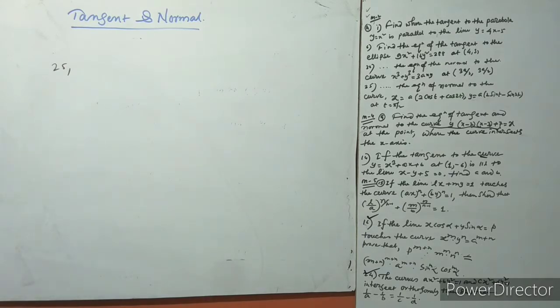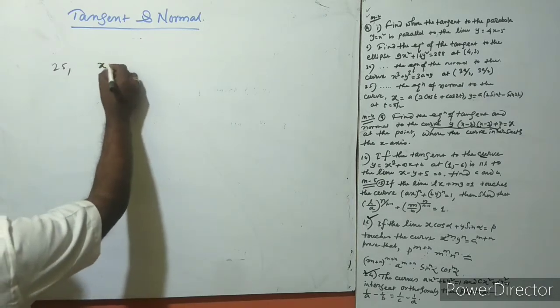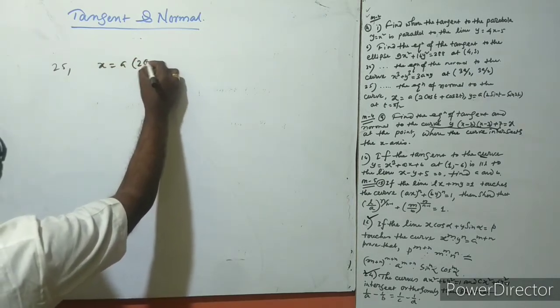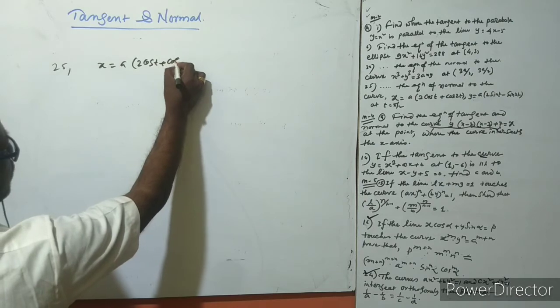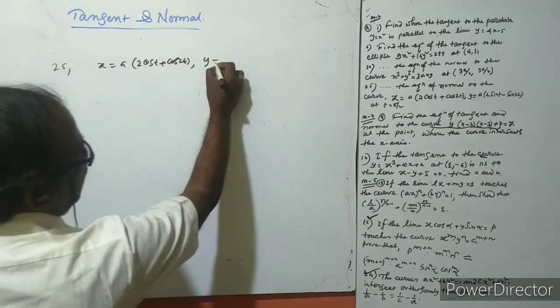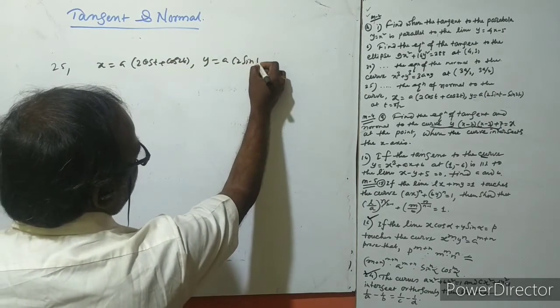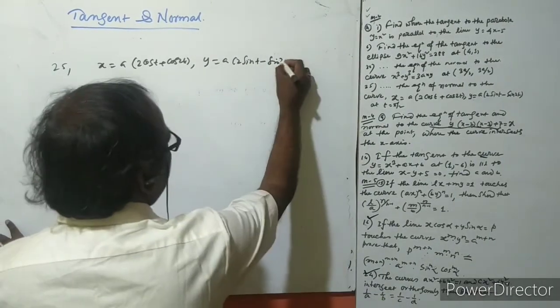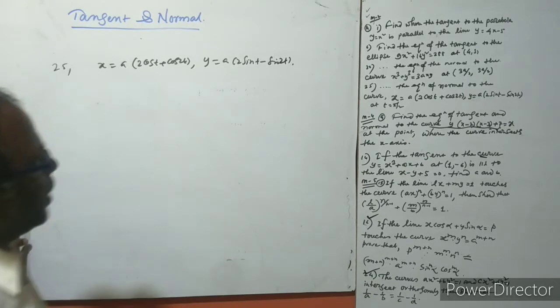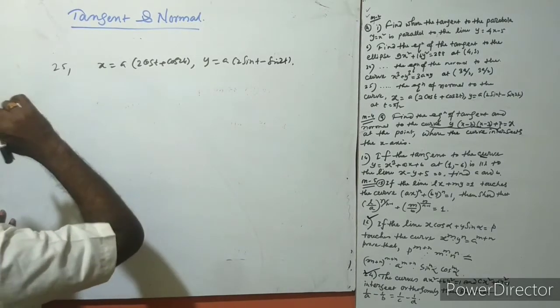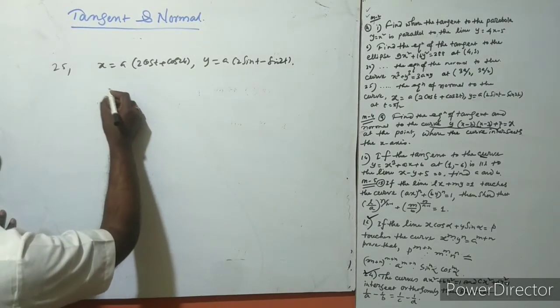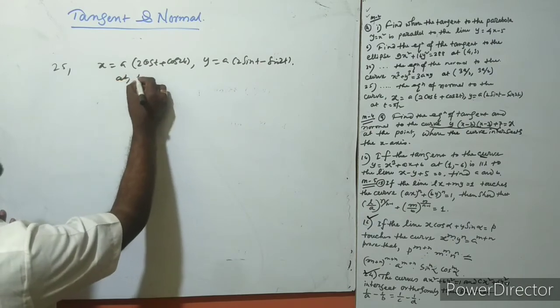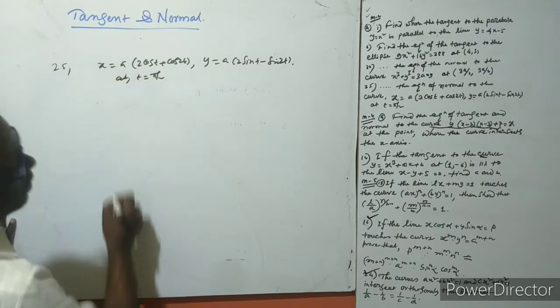Find the equation of the normal, where x equal to a(2 cos t plus cos 2t) and y equal to a(2 sin t minus sin 2t), at t equal to pi by 2. So we have to find the values at t equal to pi by 2.